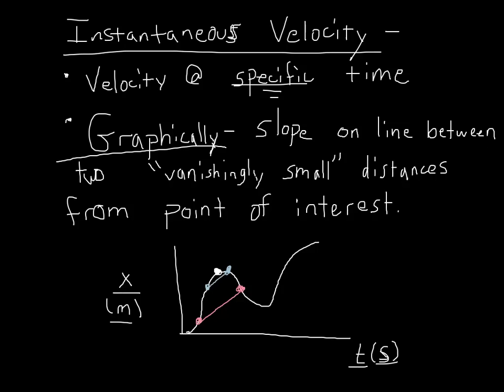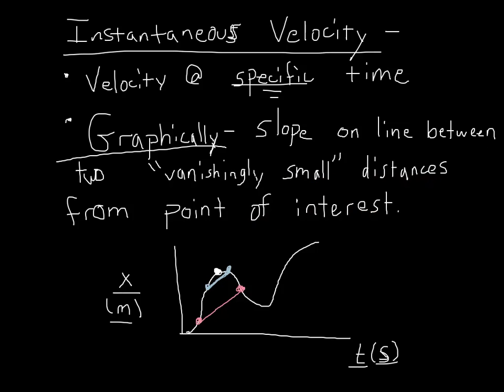So now I can draw this slope, and you can see my distance away from this central point is getting smaller and smaller. I'm moving my line to get closer and closer to this one single point of interest. My two endpoints to calculate my slope are becoming vanishingly small distances from that point of interest.